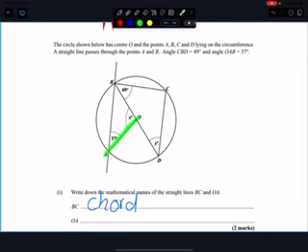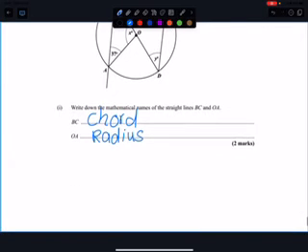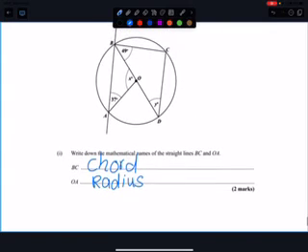This is a circle. From the center to the edge of the circle is called a radius. Radius. That's it. I saw some very weird names being written, and I don't understand why. Look at that. 2 points for not doing anything, just naming things.